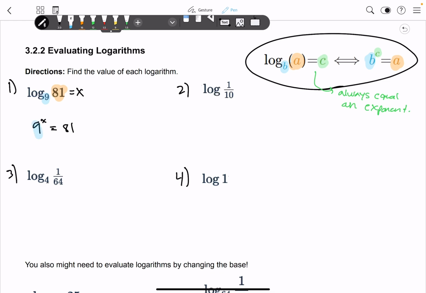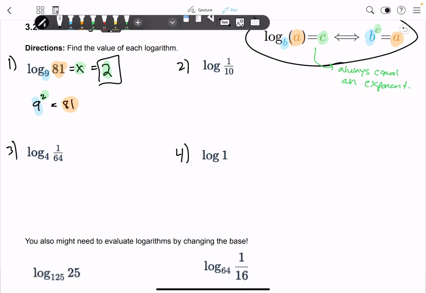So base goes there, taking the log of 81, so that's what the exponent is equal to. We need to figure out what that exponent is. In this case, we know that if we raise 9 to the second power, we get 81, right? 9 squared equals 81. So our answer is 2.